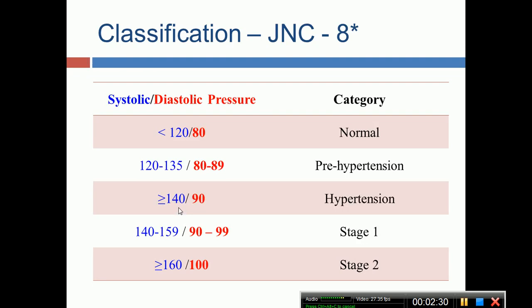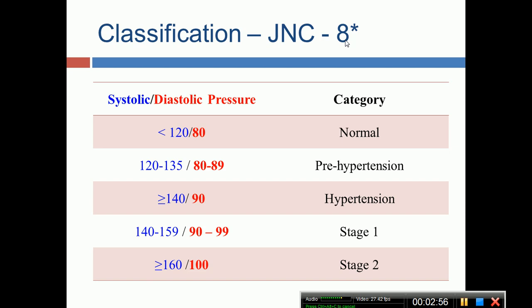So if we classify on the basis of the readings of a patient, systolic and diastolic blood pressure, this is according to JNC 8, the 8th version of the Joint National Committee Guidelines. What is the normal blood pressure range?